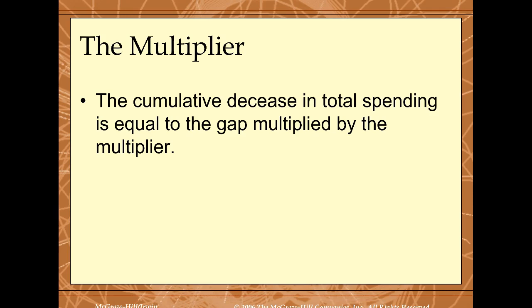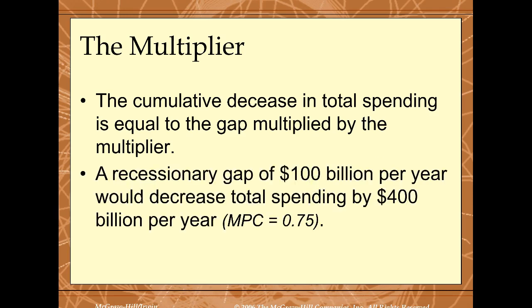So again, the cumulative decrease in total spending is equal to the gap multiplied by the multiplier. The gap is basically the initial drop in spending. So a recessionary gap of $100 billion per year would decrease total spending by $400 billion.